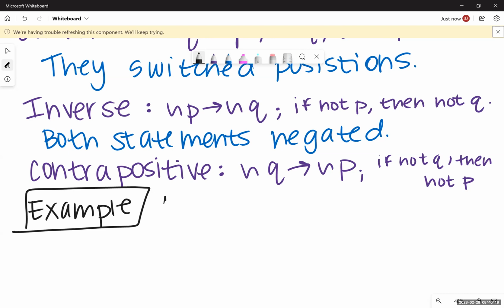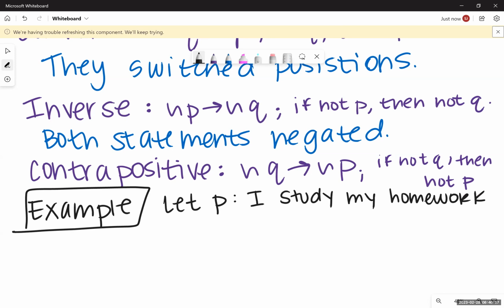Okay, so what we're going to do is we're going to let the simple statement P be, I study my homework. And we're going to let the simple statement Q be, I pass my math class.